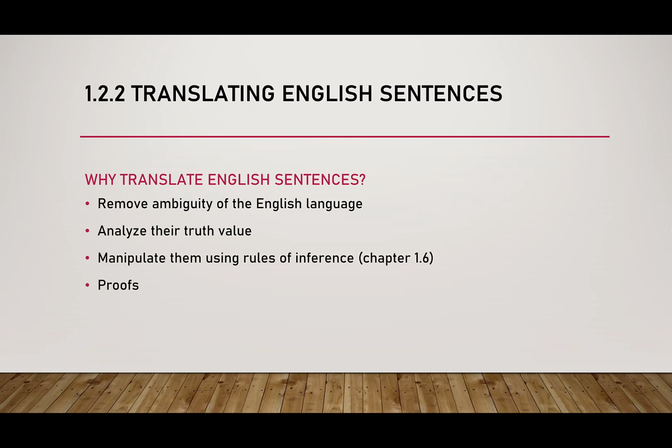That's what proofs are all about. You have statement A, statement B, statement C, therefore statement D must be true, right? Well, without converting these statements A, B, C into math, you can't prove that D is going to mathematically be true unless you convert them. So it removes the ambiguity, turns it into a mathematical formula, then you can apply these rules of inference we're going to learn about another day, and that helps us do proofs and helps us prove the truth of things.